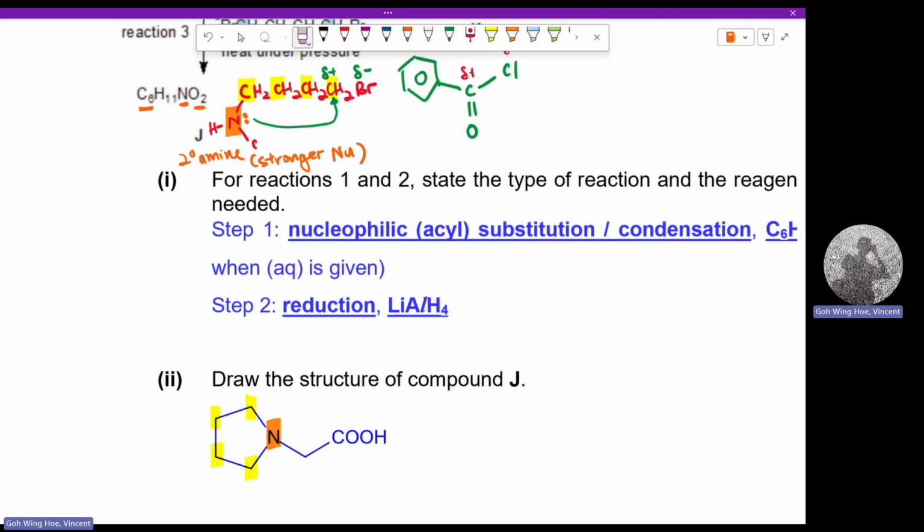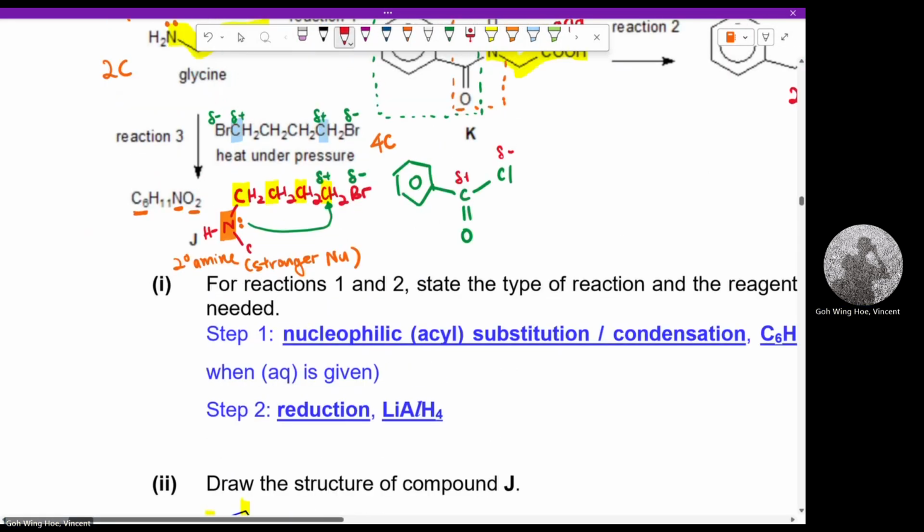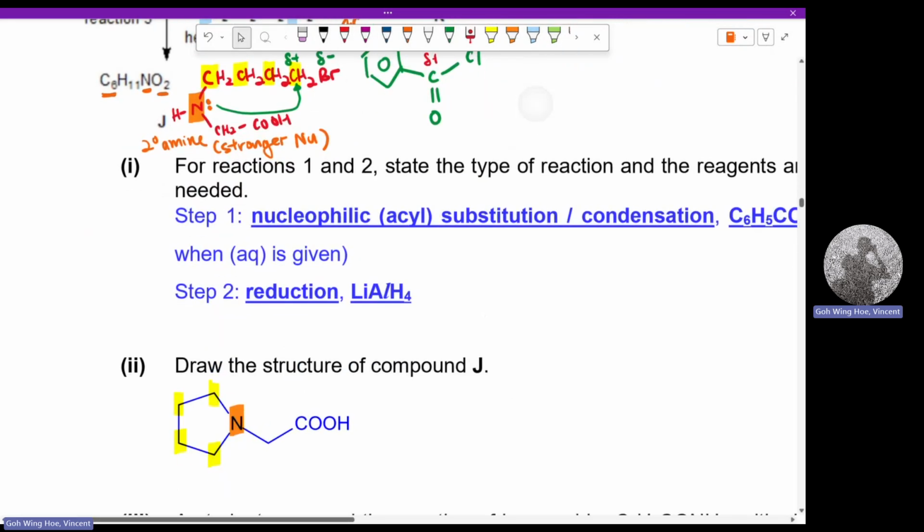There's one group. It should be a CH2 and then a COH, right? So there's one more carbon, right? One more CH2 group. So that would constitute this part of the chain, highlighted in green, right? So this will be your chain formerly from your glycine.